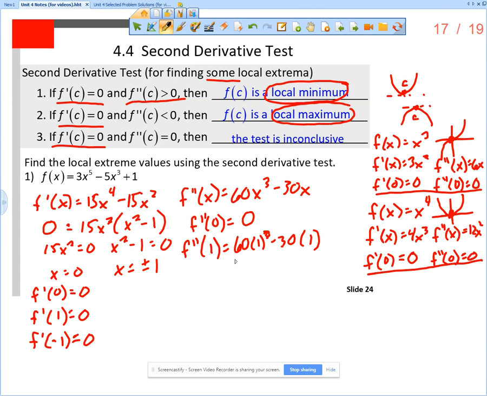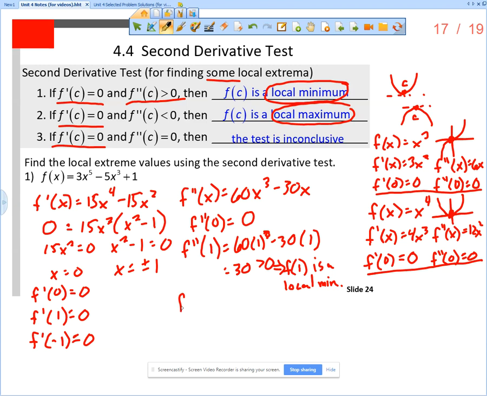So 60 times 1 is 60, minus 30 is positive 30, which is greater than 0. So what does that tell you? Look up here. If f double prime of c is greater than 0, then f of c is a local minimum, right? So that means f of 1 is a local minimum.